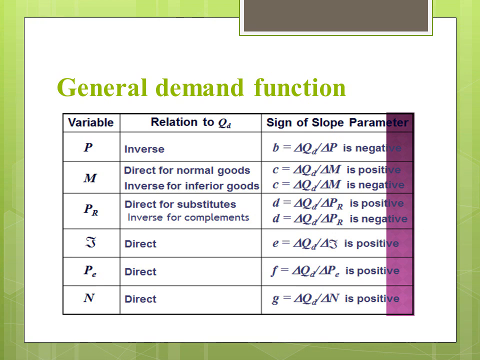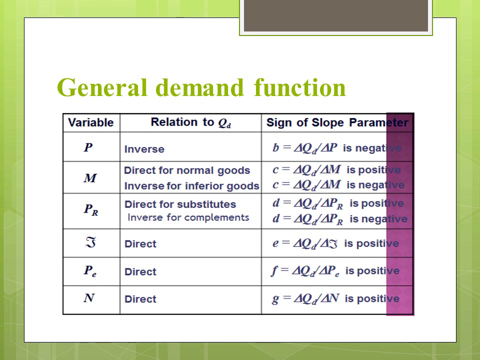Next is consumer tastes. The relation between consumer tastes and quantity demanded is direct; they move in the same way, so the slope of the parameter will be positive. Next is price of future expected goods.